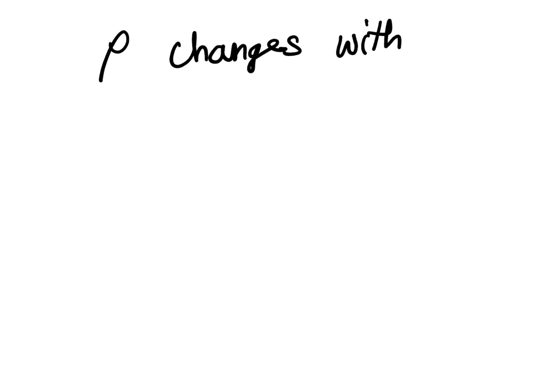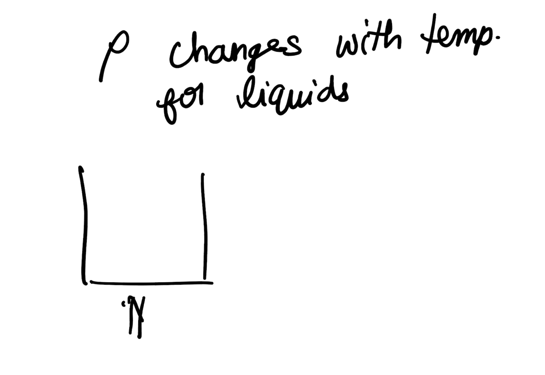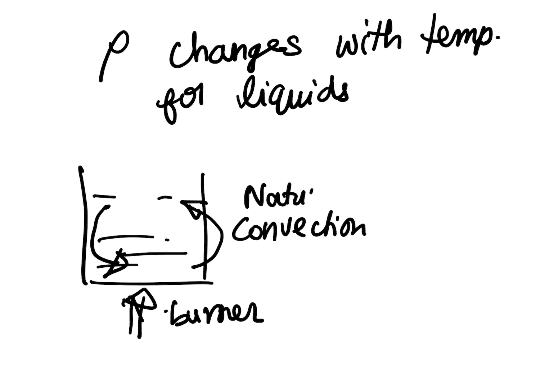However, the density itself changes with temperature even for liquids. If you have a pot of water and you supply heat through a burner, the water at the bottom gets heated up, becomes lighter or less dense, and goes up, while the heavier water at the top comes down. This is called convection or natural convection.